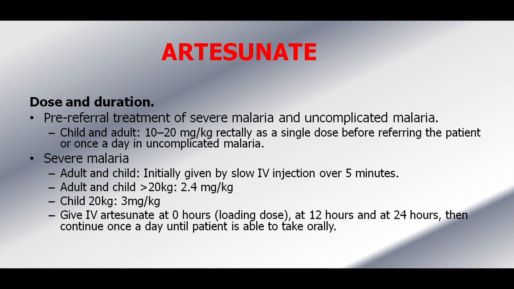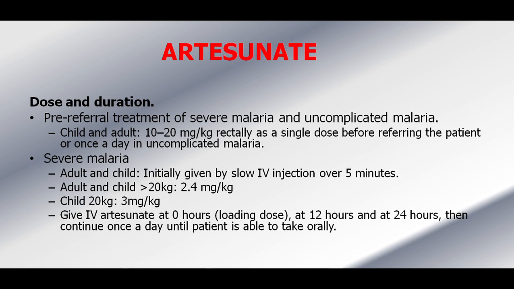In severe malaria, in an adult and a child, it's initially given by slow IV over 5 minutes. Then the quantity of the drug for an adult and a child, if they are more than 20 kilograms, you will give 2.4 milligrams per kilogram body weight.